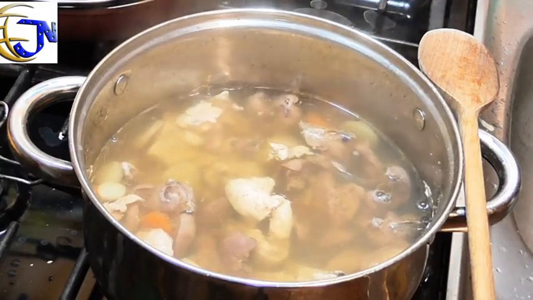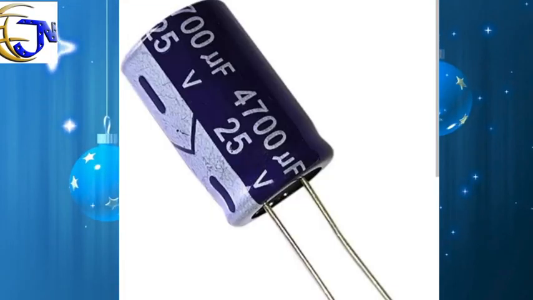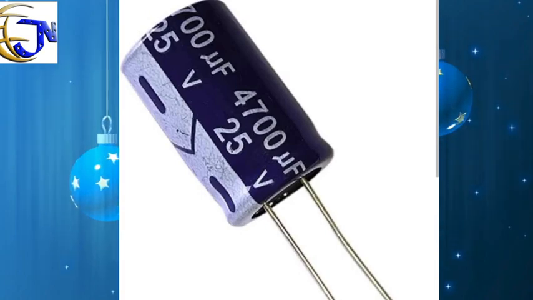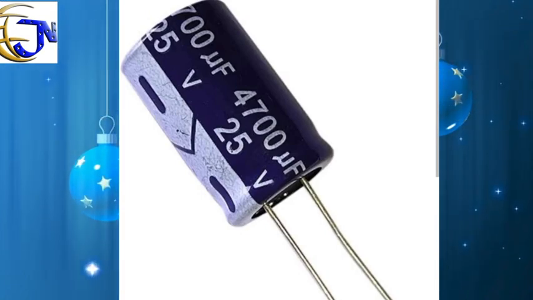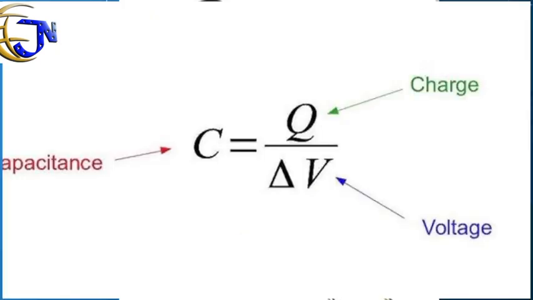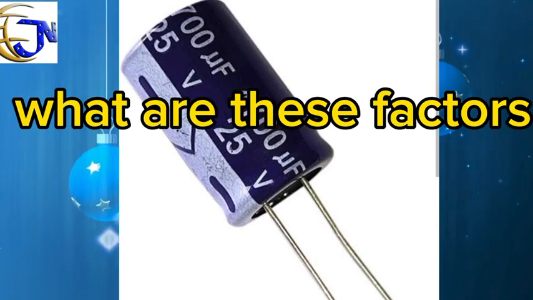The sixth one, factors that affect the capacitance of a capacitor. Remember that for a capacitor, Q is equal to CV, where Q is the charge in coulombs, C is the capacitance in farads, and V is the potential difference. You can make C the subject of the formula to have Q over V. Now, what are these factors?